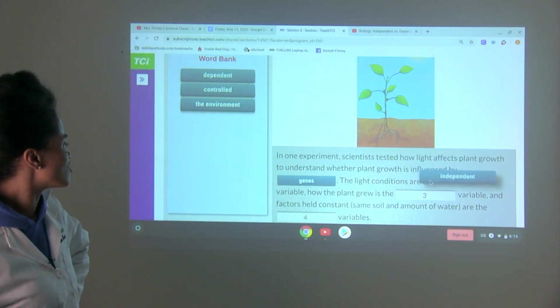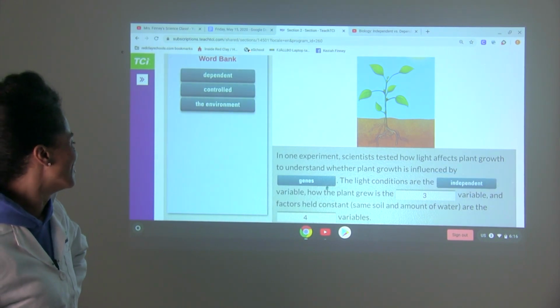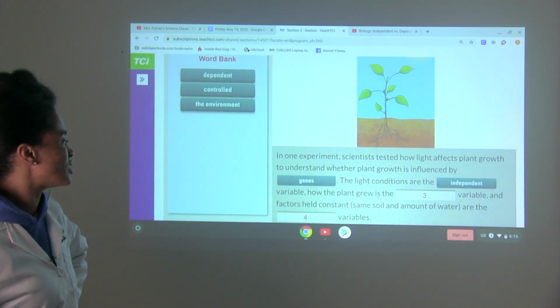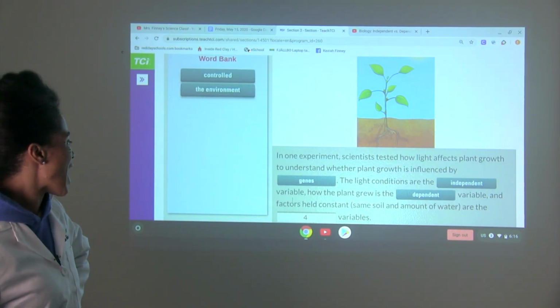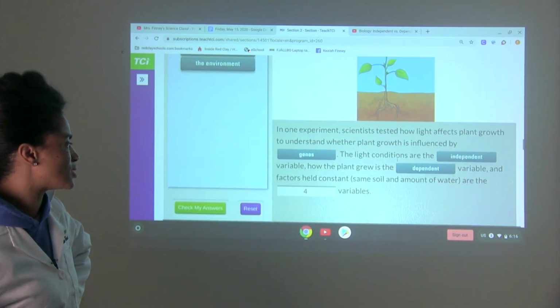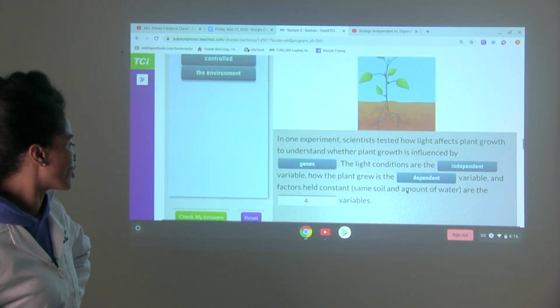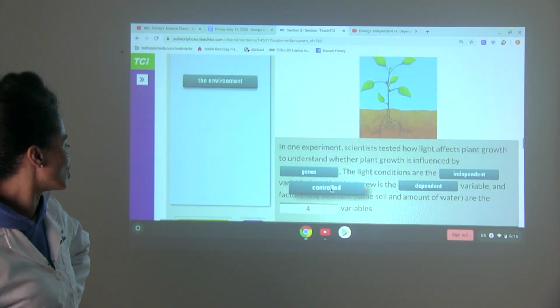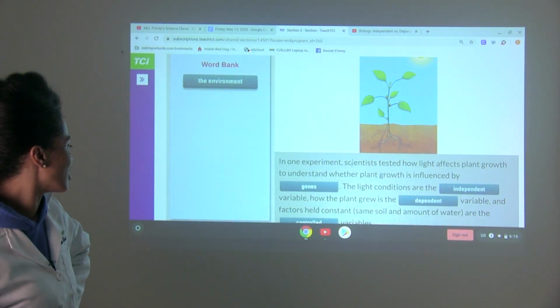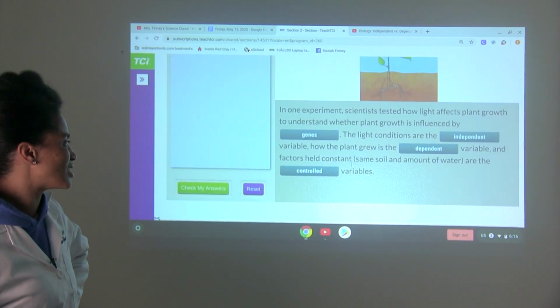Don't be shy, you should come on over. How the plant grew is the, we only have one left, dependent variable, and factors held constant, same soil and amount of water, are the controlled variables. All right, let's see if this is correct.